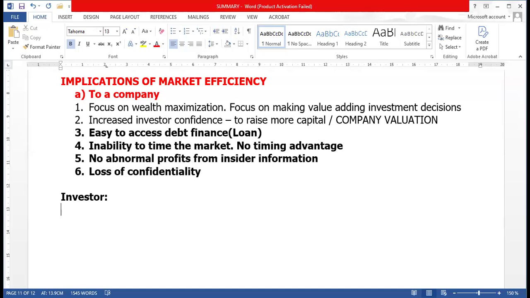Isn't that point fitting in point number 2? Increased investor confidence. Once this is increased, these guys are going to invest more. And you see, I think it is more of the same. So these guys are going to buy more.